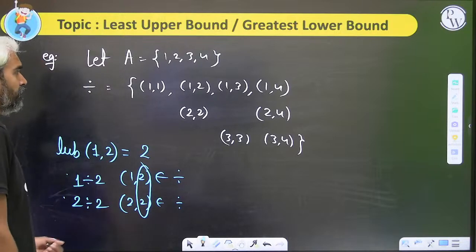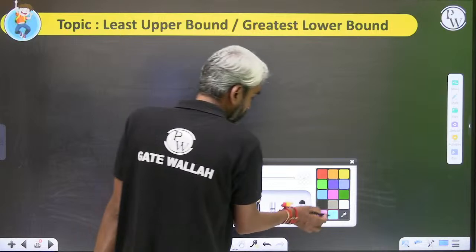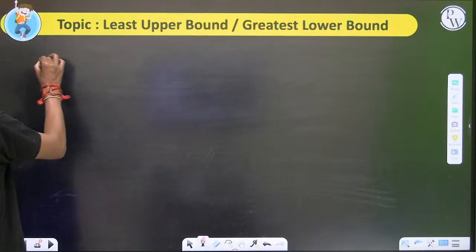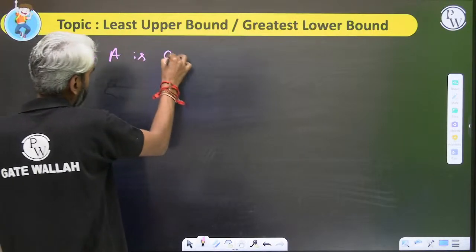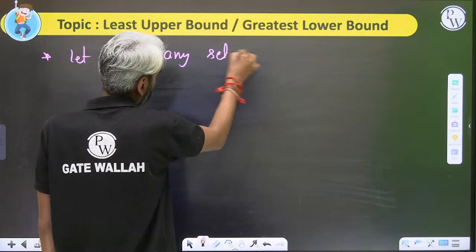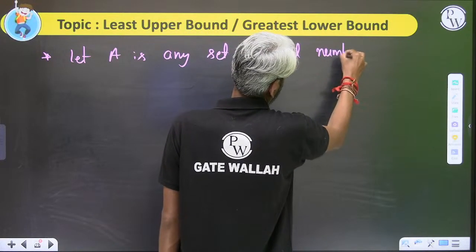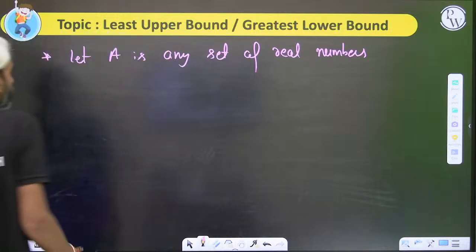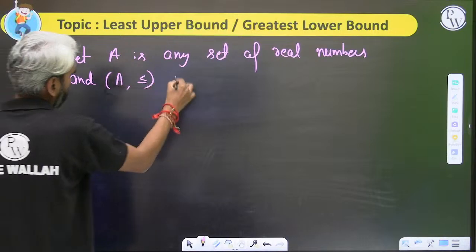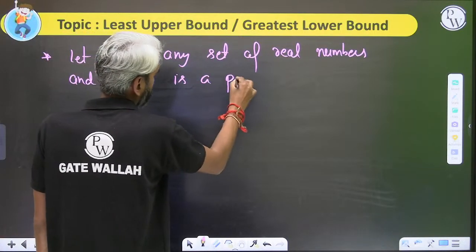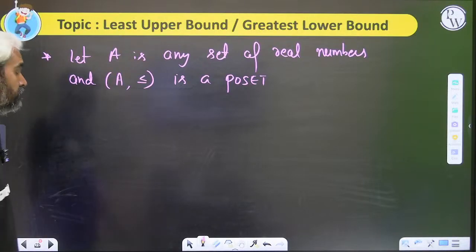I can understand that you may face some problem with respect to divisibility. So let me explain with respect to less than or equal to first so that you will be more clear. Let's assume A is any set of real numbers, and (A, less than or equal to) is a poset.